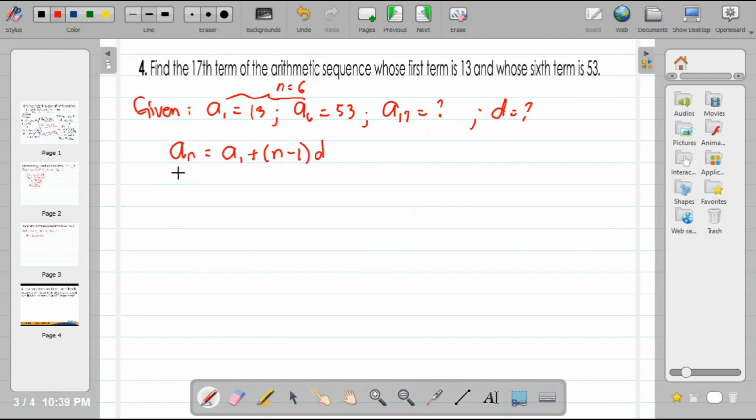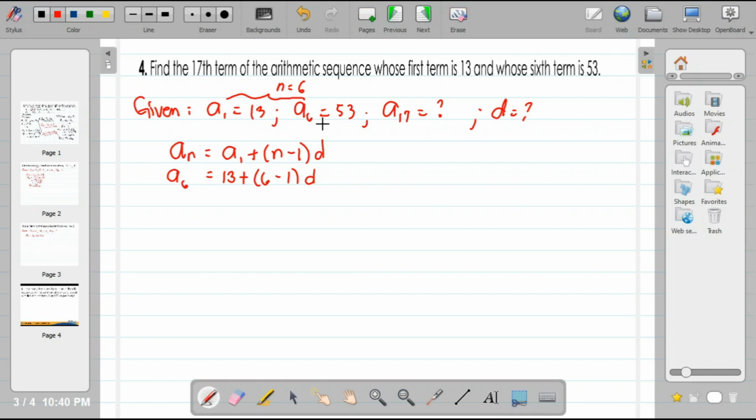So, this is a sub 6, no? A sub 6 kang atong a sub n, kay n na to kay 6 man. That is equal to our a sub 1 which is 13 plus our n is equal to 6 minus 1 times the common difference d which is the unknown man atong gipangita.